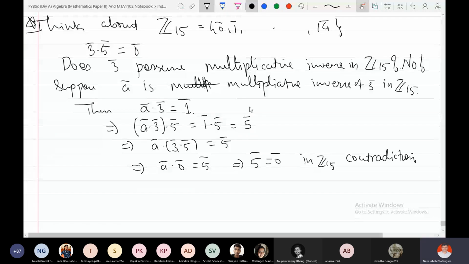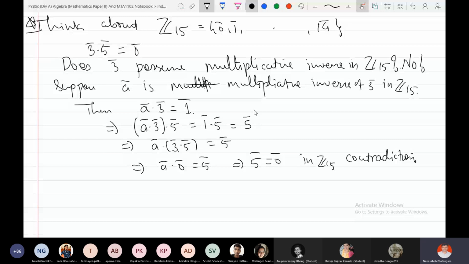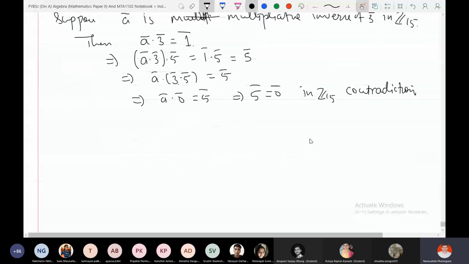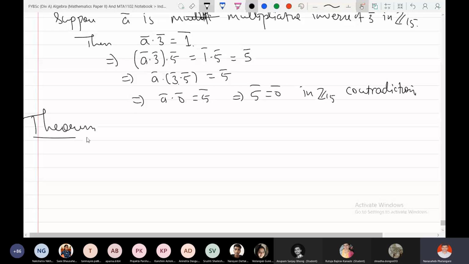Sir, what about prime numbers? Yes, this is the main crux. The word prime number is the most important. So what is the conclusion? At present we can say it is a conjecture.